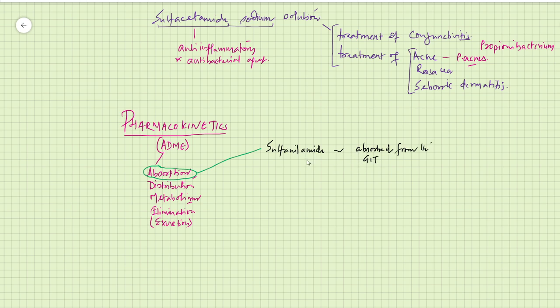Newer agents have more solubility, but in general they are absorbed from the GIT. There is negligible absorption from the stomach, so it's basically from the intestine.